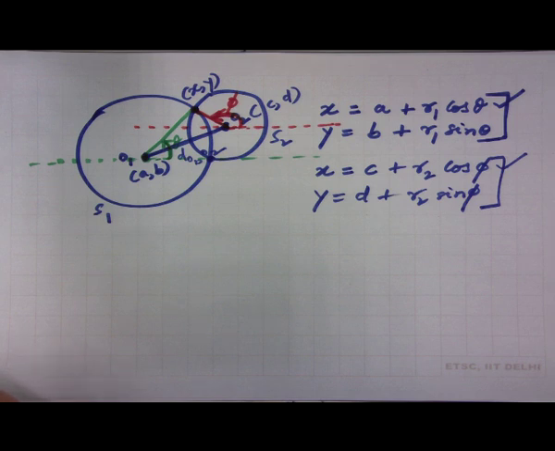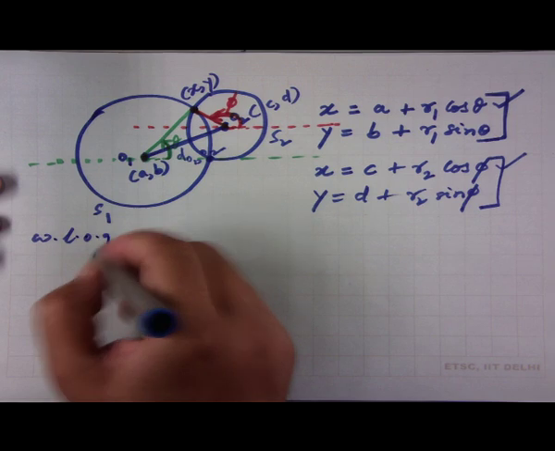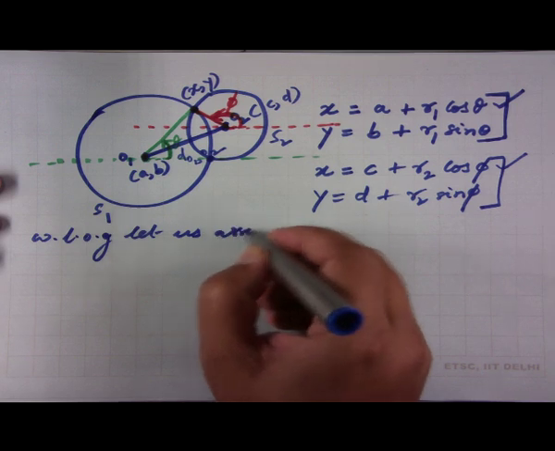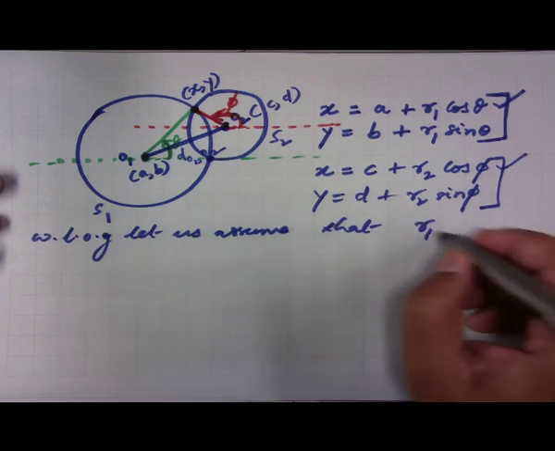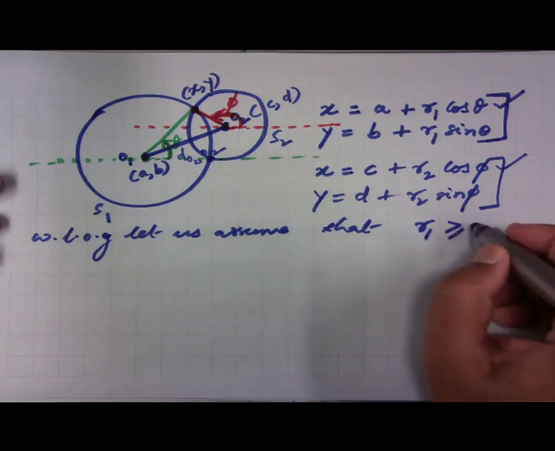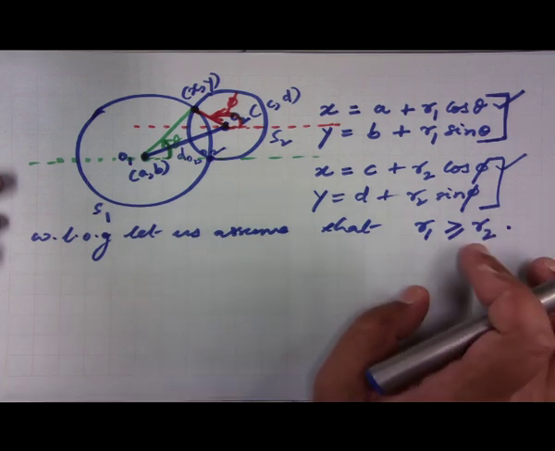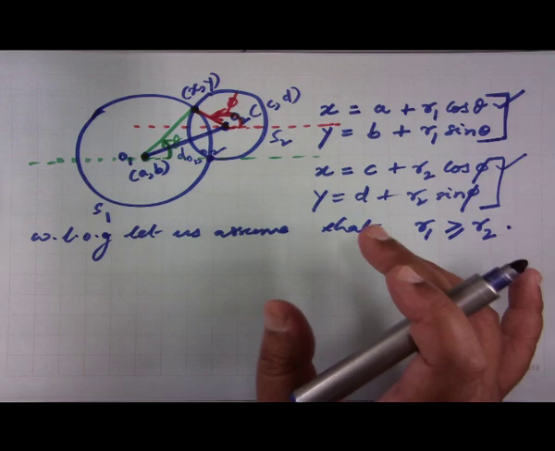So, at this point, without loss of generality, let us assume that r1 is greater than or equal to r2. If r2 is greater than r1, then the same type of proof will follow, it is just that the roles of r1 and r2 will get reversed.